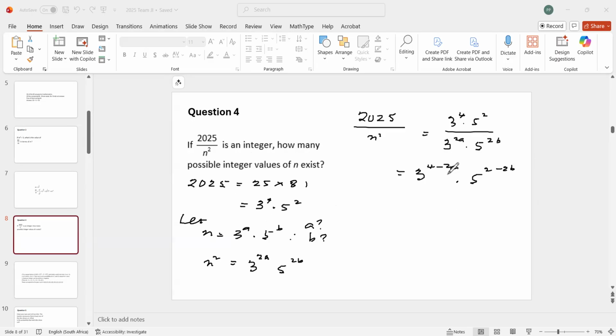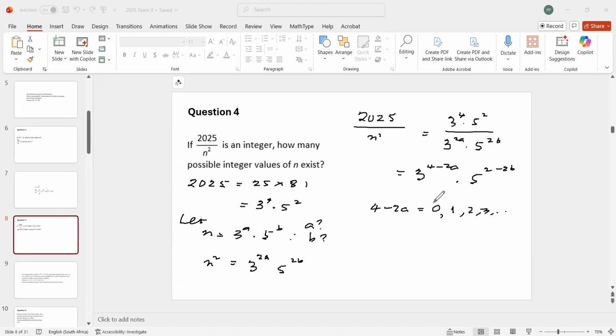So 4 minus 2a must be an integer. It could be 0, since 3 to the 0 is 1, or 1, or 2, and so on. But notice that 4 minus 2a must not be negative, because otherwise this wouldn't be an integer.